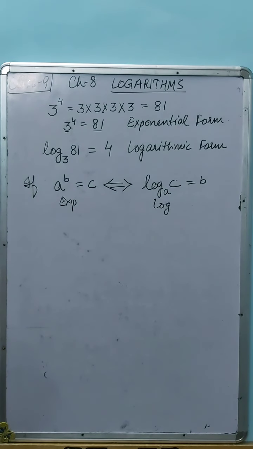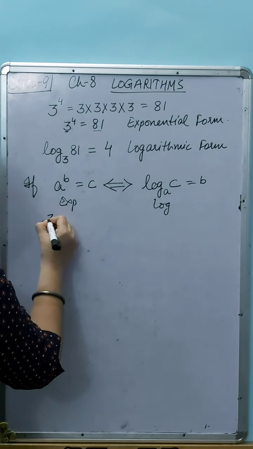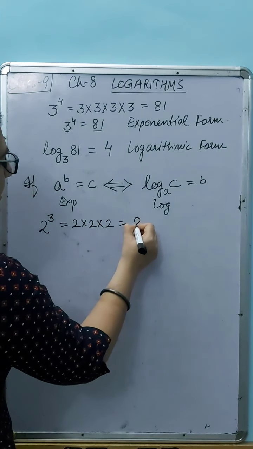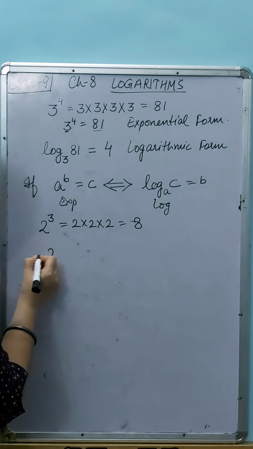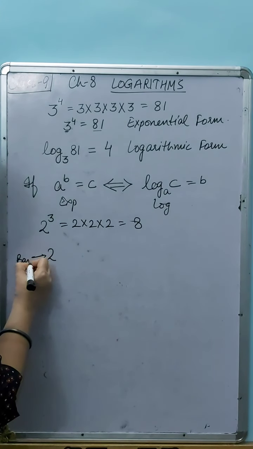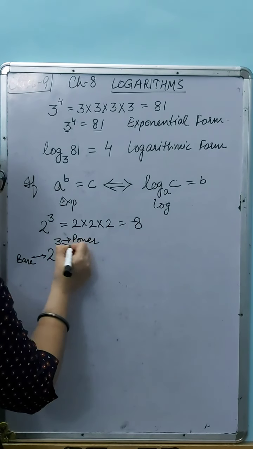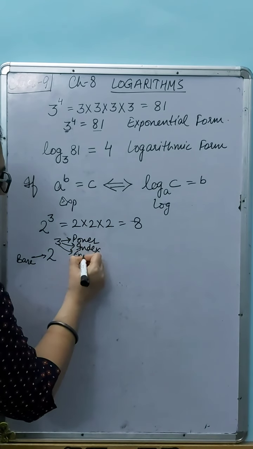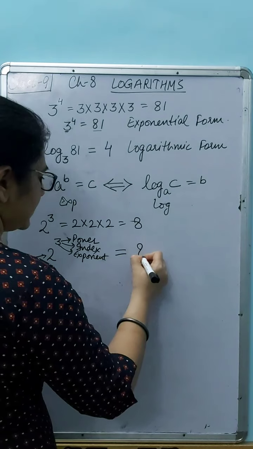Writing the base here is very important. If we write 2 raised to power 3, what is the answer? 2 into 2 into 2, that means 8. So here 2 is known as the base, 3 is the power, index, or exponent. You can call it anything. Here the value is 8.